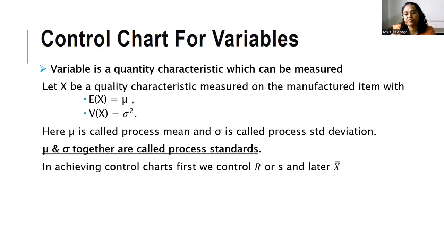The easiest measure of dispersion is range. The crudest measure is range. A more refined measure is standard deviation. And then we talk about X bar chart. So R is range. As you all have seen it, range is the difference between the maximum observation and minimum observation.